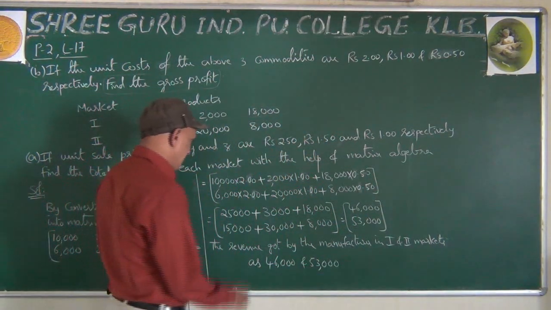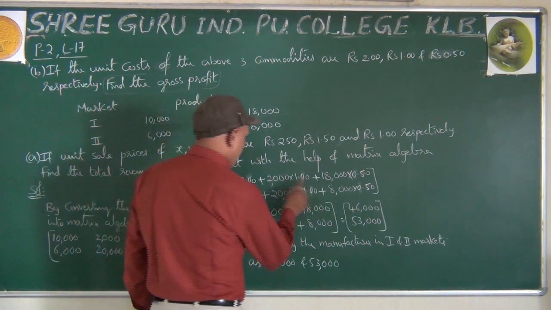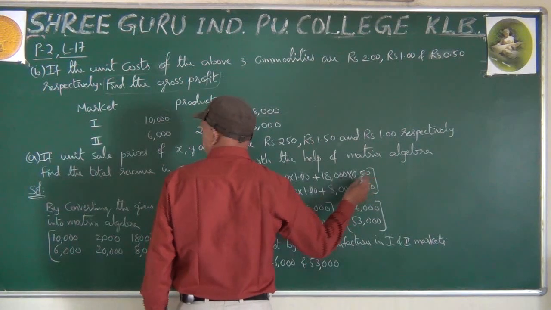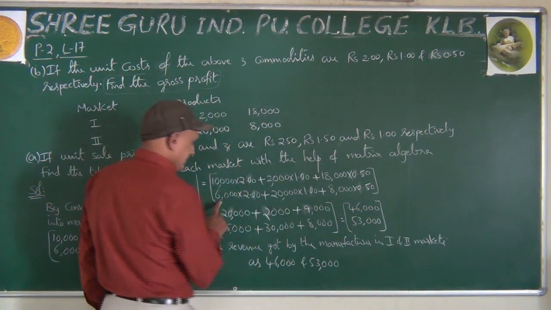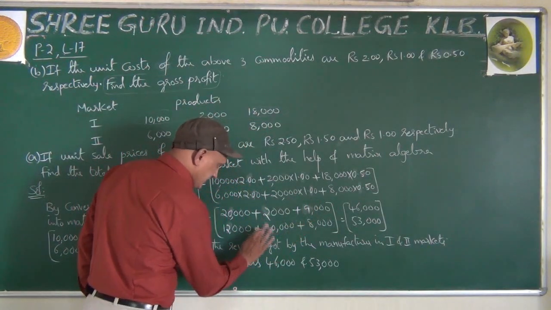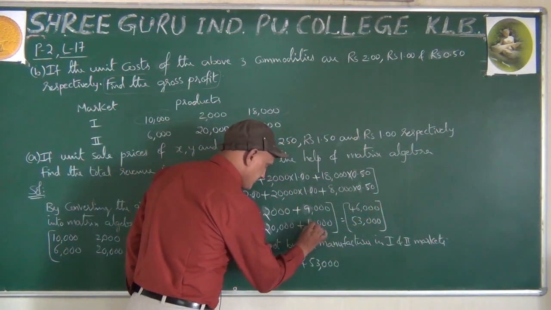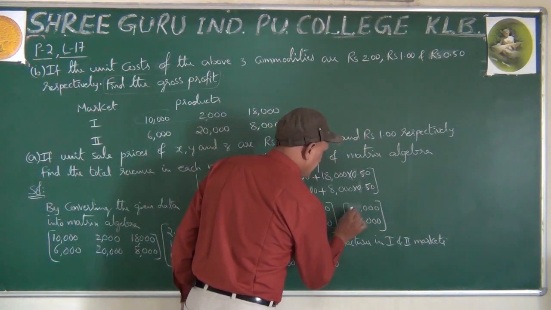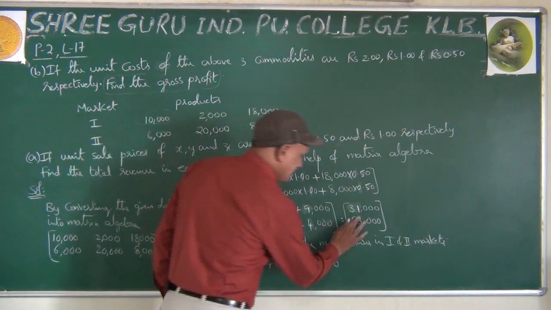Now simple multiplication. 2 rupees, 20,000. 1 rupee, 2,000. 18,000, half of 18,000 is 9,000. 6,000 into 1,000. 20,000 into 20,000. 8,000, half of 8,000 is 4. 20 plus 2, 22 plus 9, 31. 12 plus 20, 32 plus 4, 36.